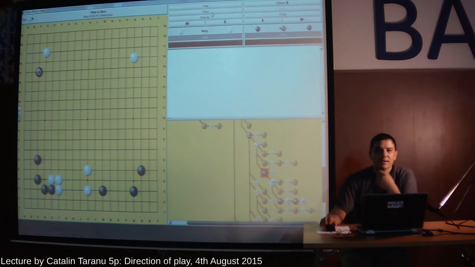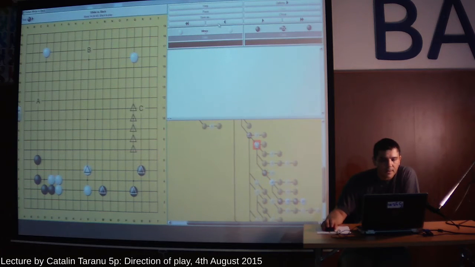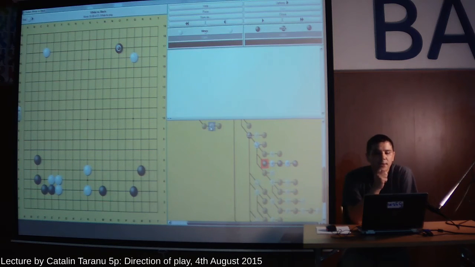But we are trying here to make some kind of general principles, some basic principles that can guide us to improve the Fuseki skill and the middle game skill. Okay. So my goal in this game would be, I would hesitate between this move, but also this move here, because I don't feel the left side is interesting for the moment.